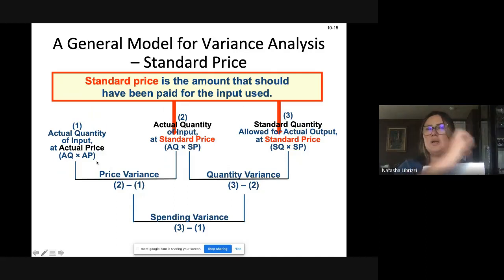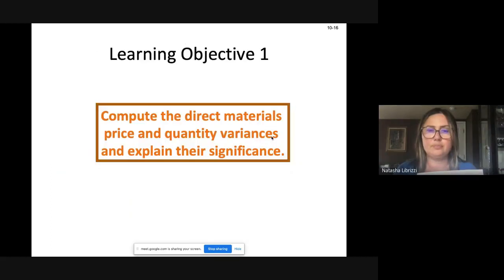Just because you got a good price or you paid too much, we want to price the quantity variance at standard cost. This way we can separate the issue. So this is very important. The same thing for the labor. All right, without further ado, we're actually going to compute direct material price and quantity variance and look how it's all put together.